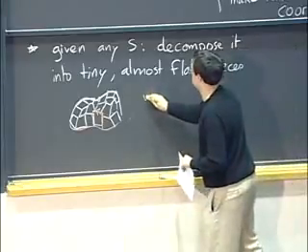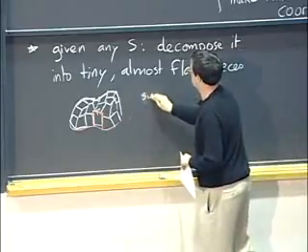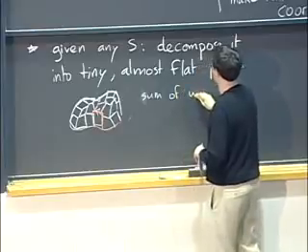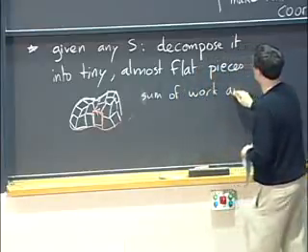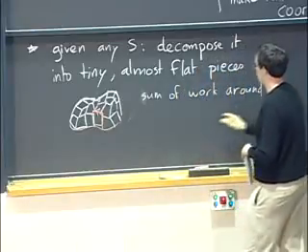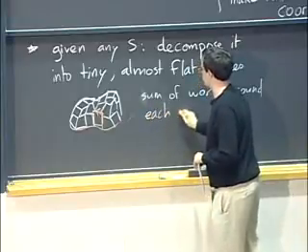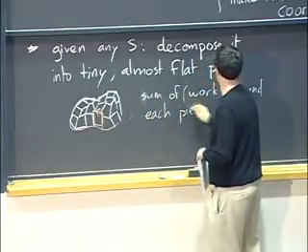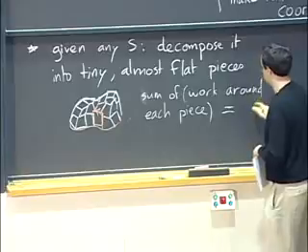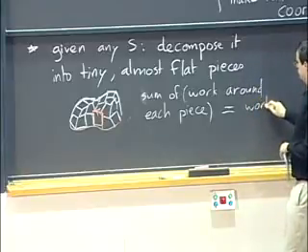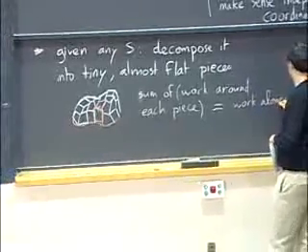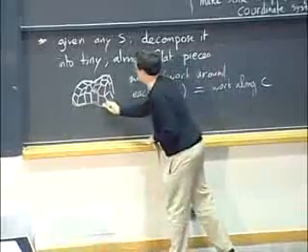Okay, so the sum of work around each little piece is just actually the work along C, the outer curve.